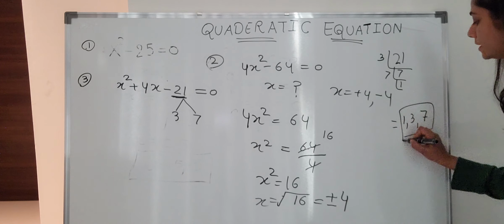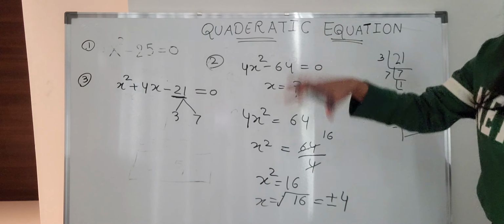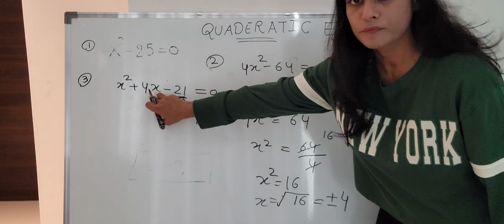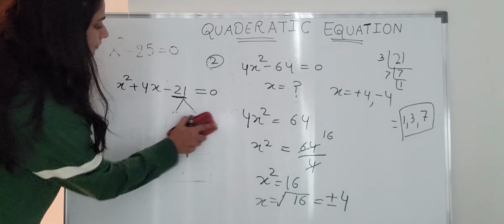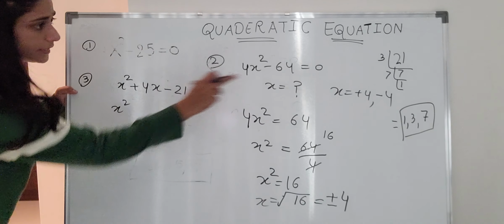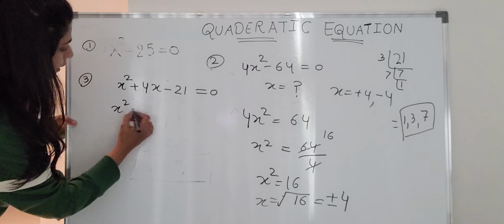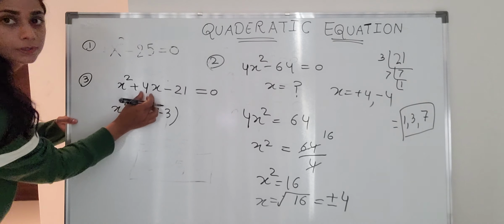Now with these numbers only we will add or subtract to make this 4. How can we do it? For x², we will take 7 and 3. If we subtract 3 from 7, we get 4.